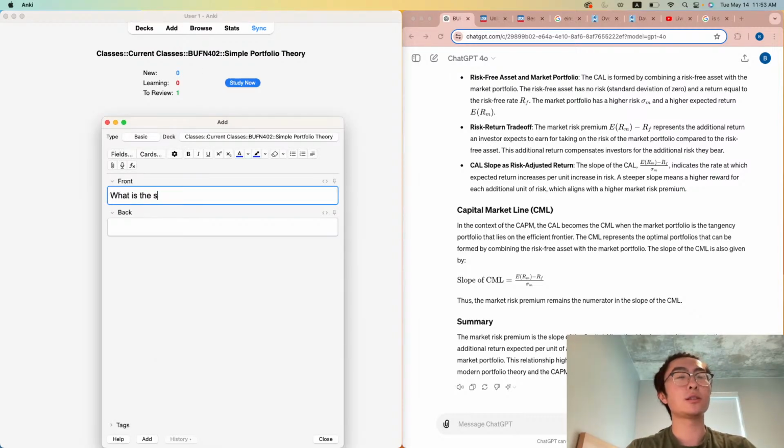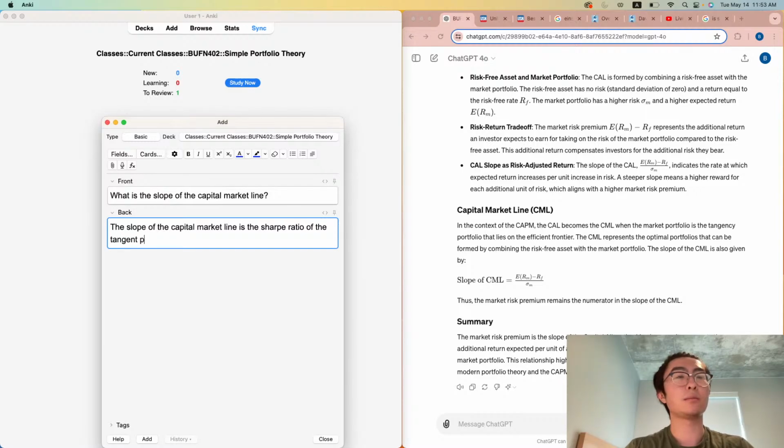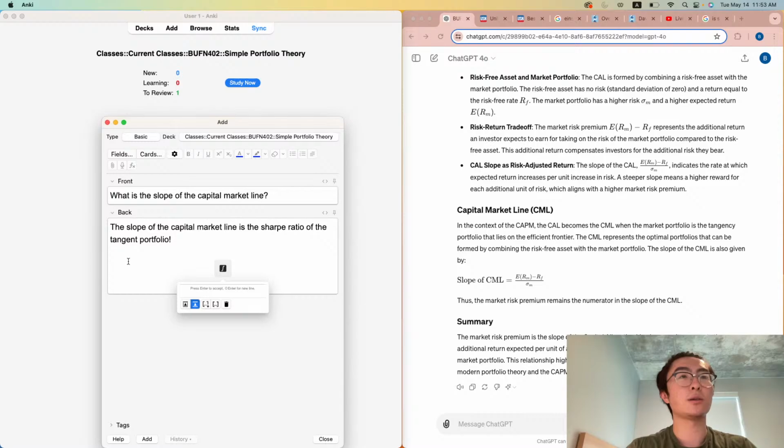What is the slope of the capital market line? The slope of the capital market line is the Sharpe ratio of the tangent portfolio. So this is the expected return. Let's do math.